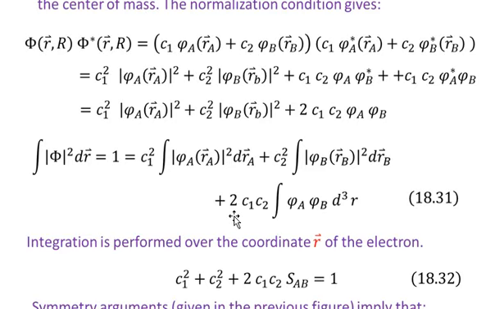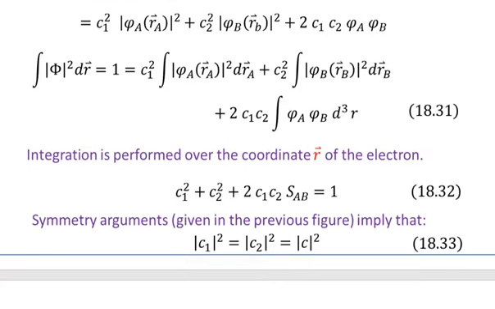And then the third integral is plus 2 C1 C2 times the integral of phi A phi B d cube r. So I have written equation number 18.31 in terms of the probability: the integral of the absolute square of phi on the left hand side is equal to 1.